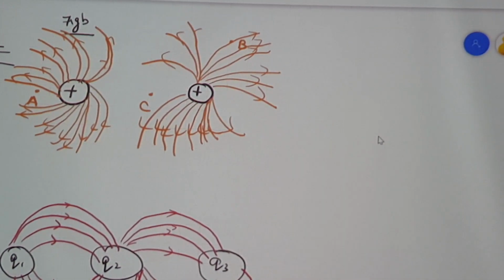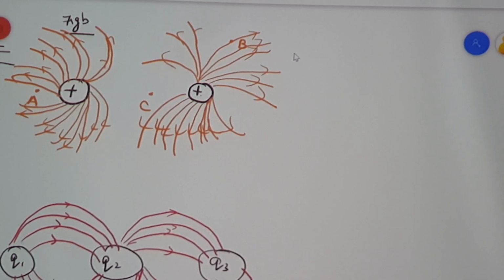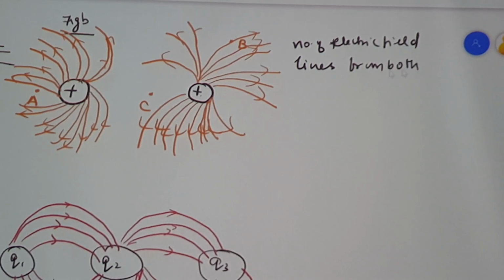First of all, you are asked to calculate Q1 divided by Q2. So the number of lines from both the positive charges. This is also a positive charge, and this is also a positive charge. So first of all, I am calculating the number of electric field lines from both positive charges.